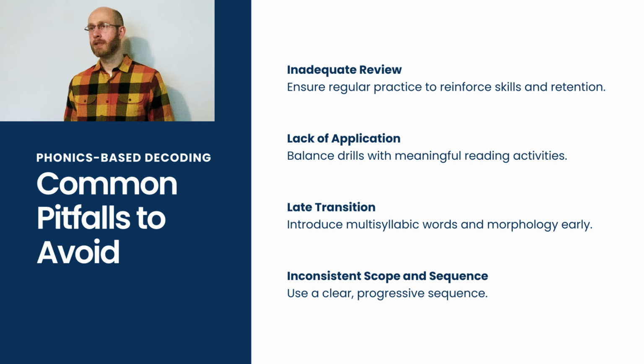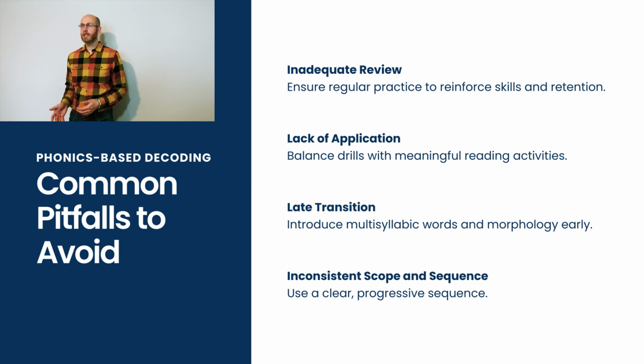Another common challenge is inconsistent scope and sequence. Without a clear, progressive instructional plan, students may struggle to build on previous knowledge effectively. A well-designed sequence ensures that instruction moves systematically from simple to more complex skills, giving students a solid foundation for success.